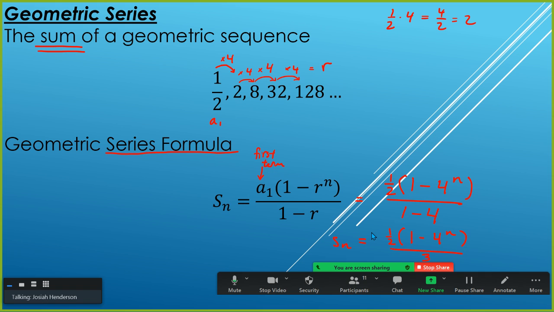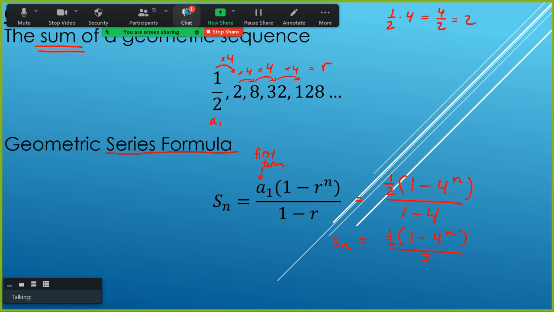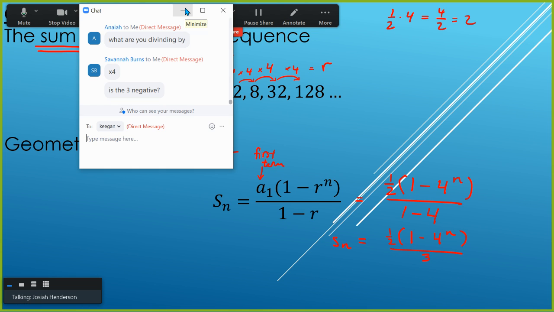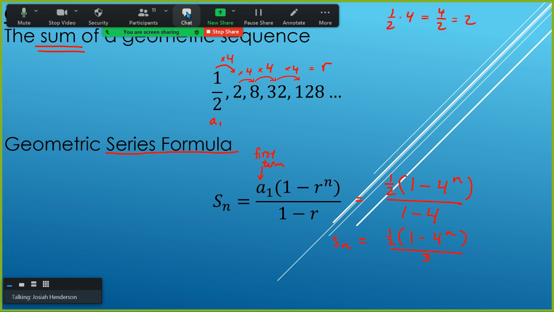And I think to do our first example, finding the sum, I want to do an example without a fraction in it. So, is the 3 negative? Oh my God. Thank you. See, check the teacher. Sometimes I'm making mistakes. Thank you, Savannah. Yes, it should be -3. 1 minus 4. Now, you might be thinking, how can they add up to a negative number?